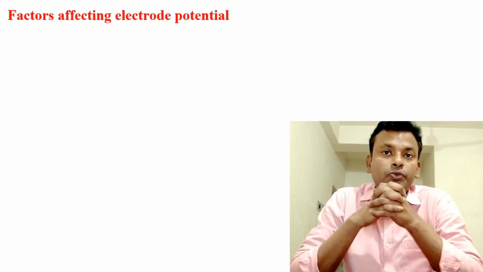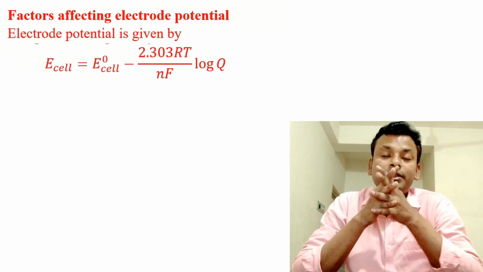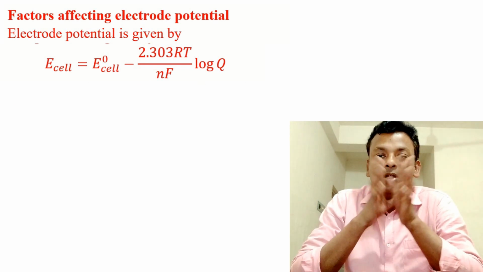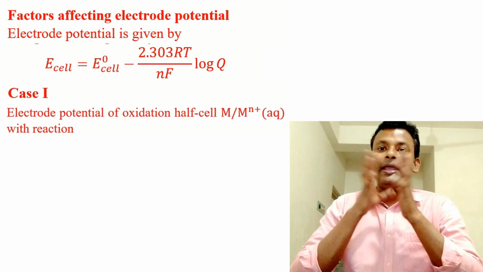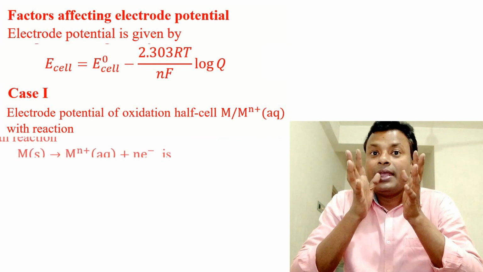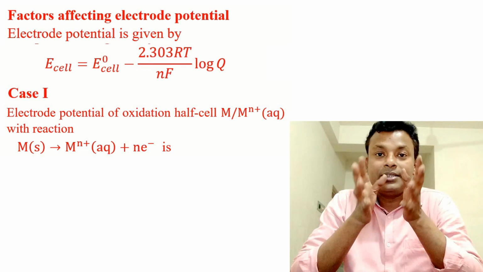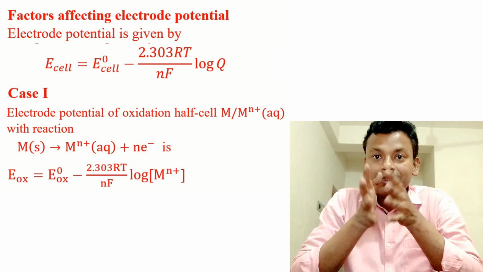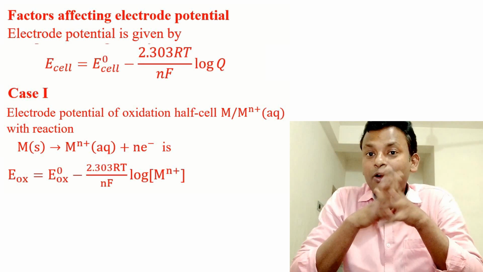Factors affecting electrode potential. Electrode potential is given by E cell equals E0 cell minus 2.303 RT by nF log Q. Case 1: electrode potential of an oxidation half cell, M/Mn+ aqueous, with reaction M solid gives Mn+ aqueous plus n electrons, is E oxidation equals E0 oxidation minus 2.303 RT by nF log concentration of Mn+.